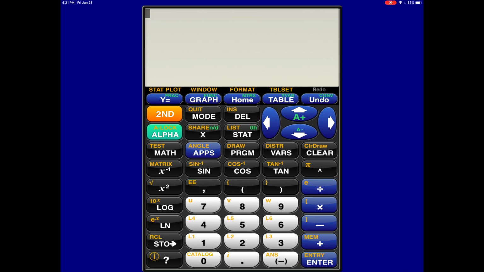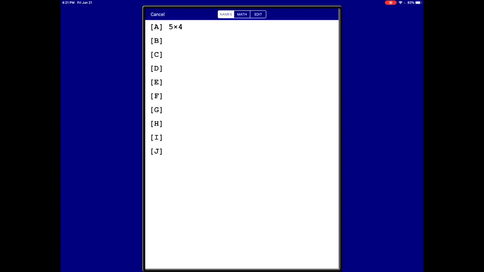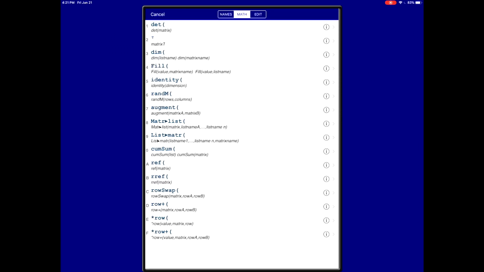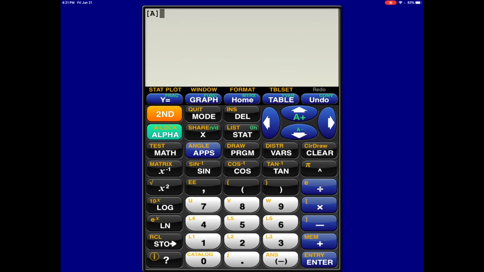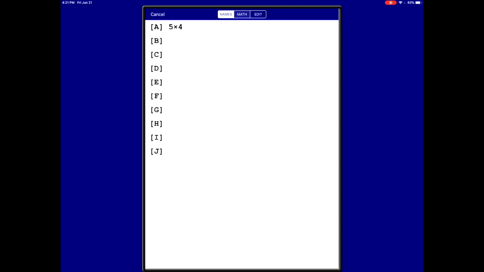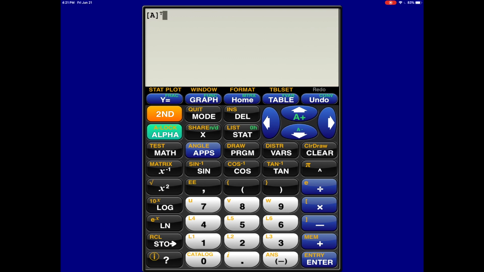And now, here we go. Just so you can find out how to get only a transpose, all you would do here is go into second matrix, and then go to math. Do you see number 2 is this transpose? So we're going to put names first, so we'll just enter A in there. And then go back into matrices, math, and then go to our transpose, and hit enter.